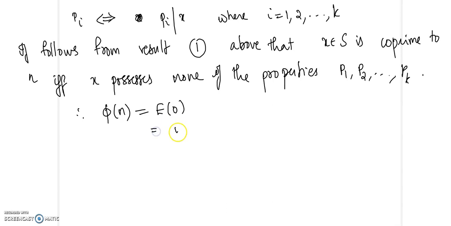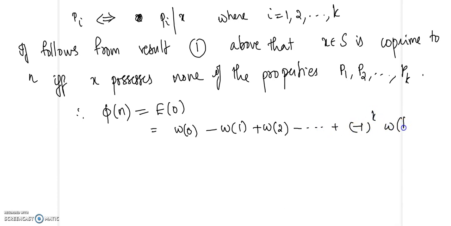And now e of 0 will be omega of 0 minus omega of 1 plus omega of 2 minus etc. plus or minus (minus 1) raised to k omega of k, because we have k properties. Now by definition omega of 0 will be the cardinality of S. S is the set 1 up to n, so the cardinality of S will be n.